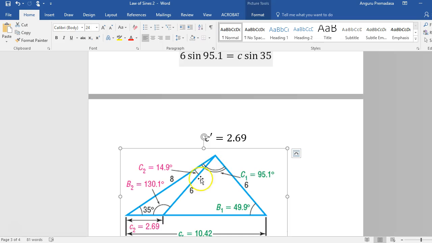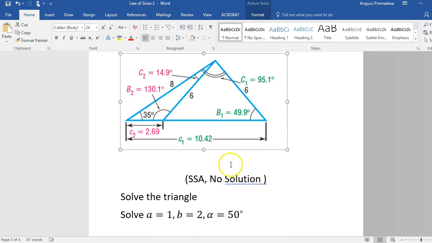That gives one triangle, this blue triangle right here, where beta is 130.1. The other triangle is when gamma is 95.1, and that is the beta triangle, which is 49.9. So you get two triangles. One triangle is this and the other triangle is this.